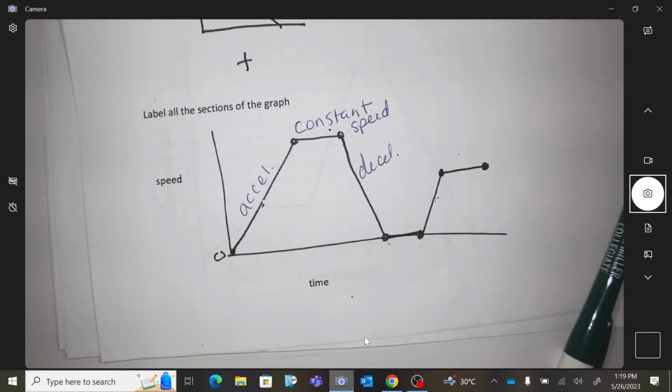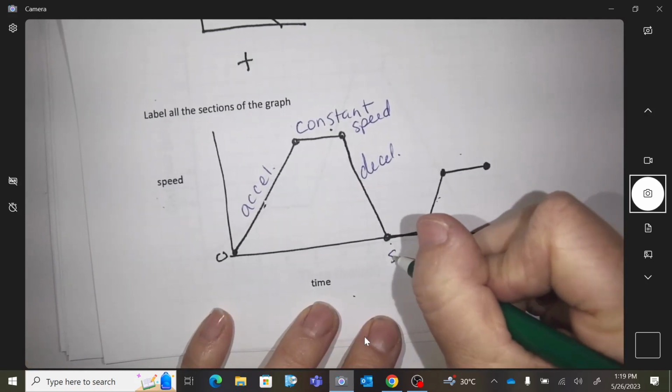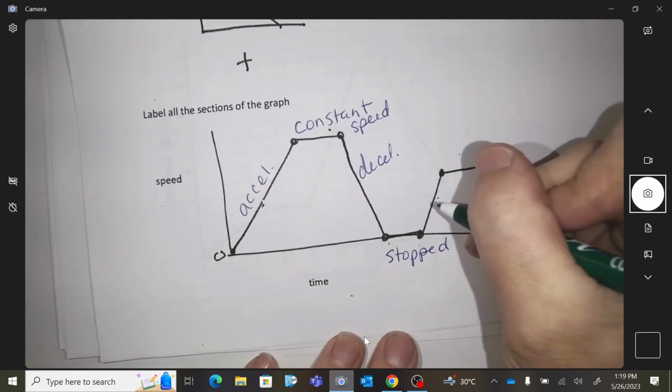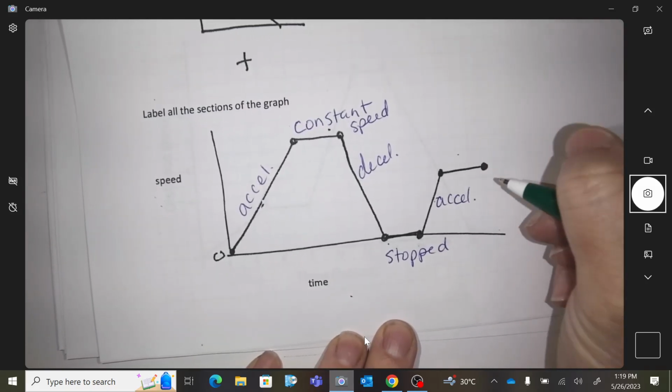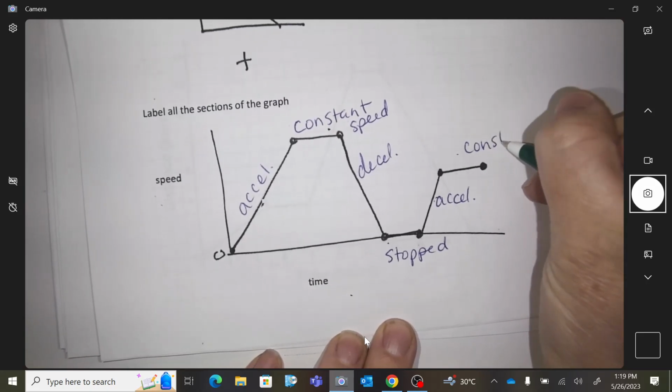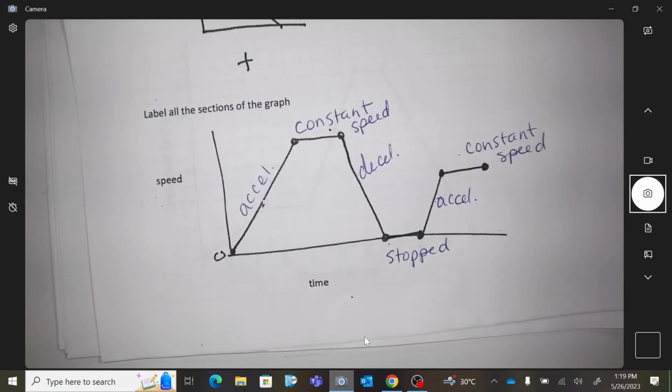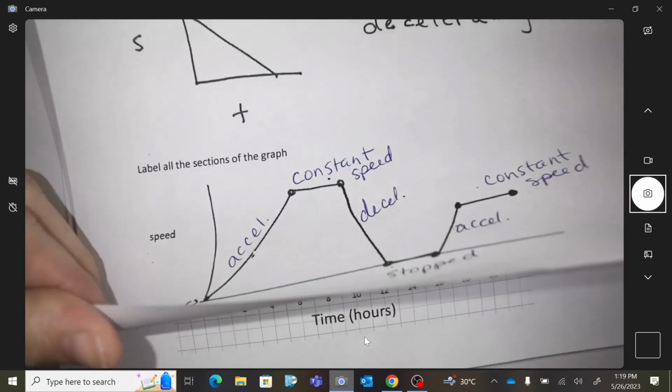It's a constant speed of 0. So what can we say? Stationary. It's stopped. There's a constant speed, but it's of 0 speed. So if you're constantly moving at 0, you're stationary. Then we accelerate again. And then we're back to cruise control, right? Constant speed.